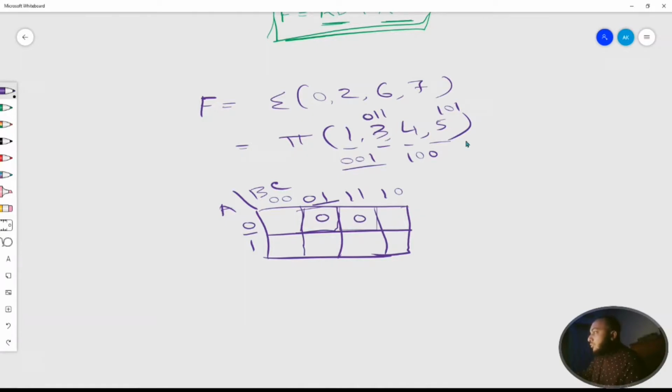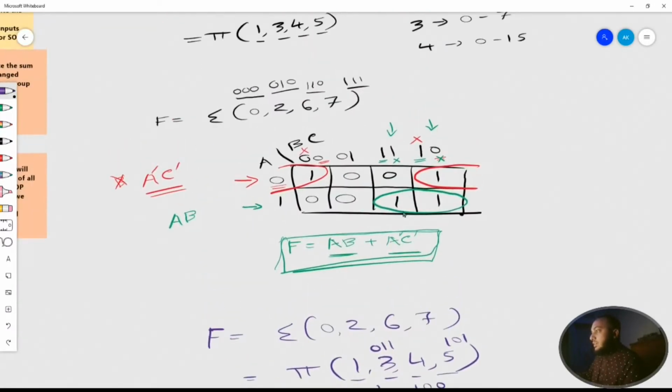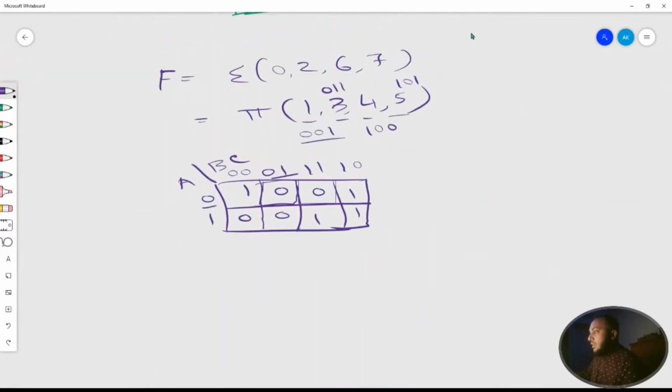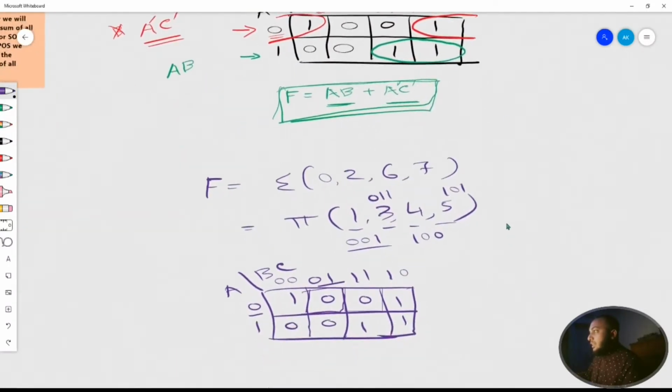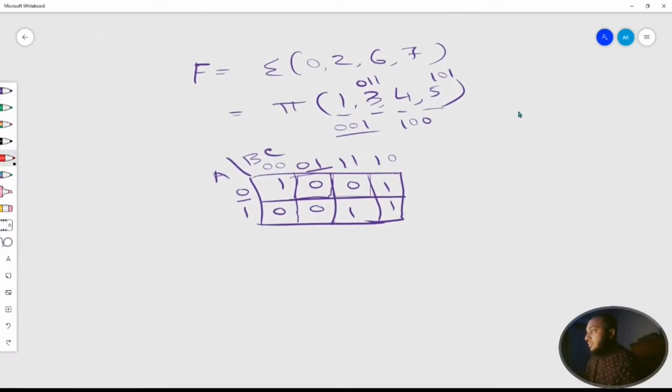Similarly for 4 and 5 we can put zeros here, and in the other positions we will put ones. So see, this K-map table and this K-map table are the same. We have drawn this K-map table using the SOP form and this one using the POS form, and they are actually the same. Okay, now let's form the groups.